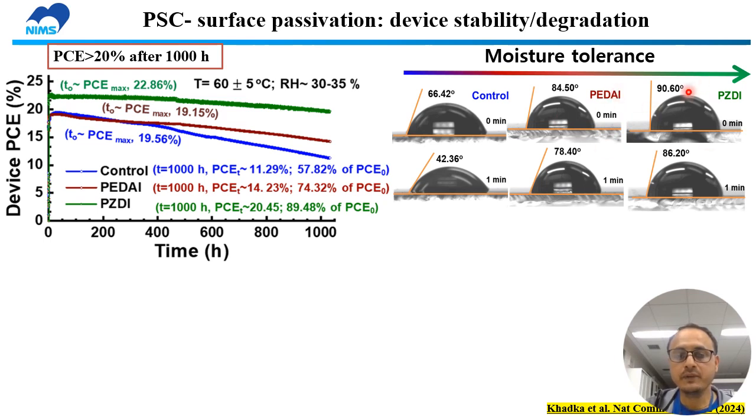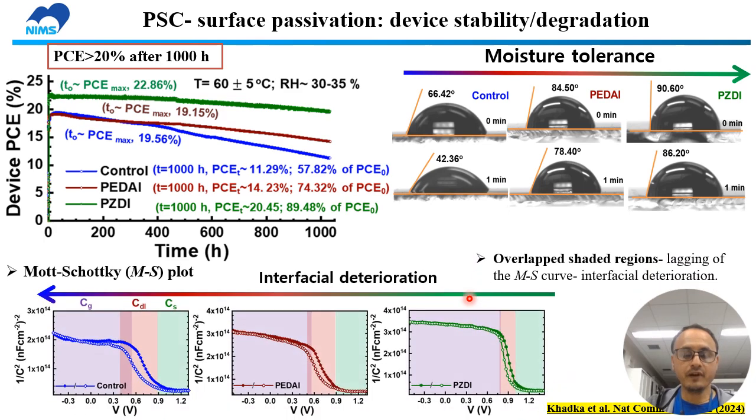We found that PZDI treated film has better moisture tolerance, and that can be understood with the comparison of water contact angle. We found a higher water contact angle for the PZDI film after 1 minute, and it reflects its better moisture tolerability.